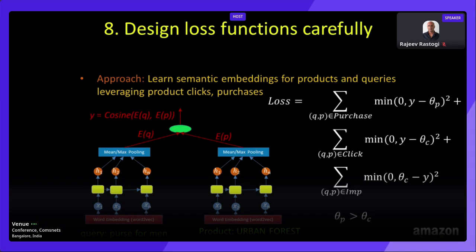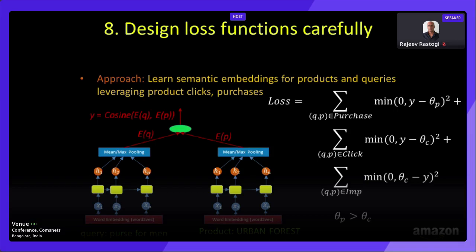So for example, for query product pairs that result in purchases, which is this first term here, the loss function ensures that the cosine similarity between embeddings is greater than theta p, right? The cosine similarity between embeddings here is y in the equation. And if you look at the first term at the top, it is minimized with a value of 0 when y is greater than theta p, right?